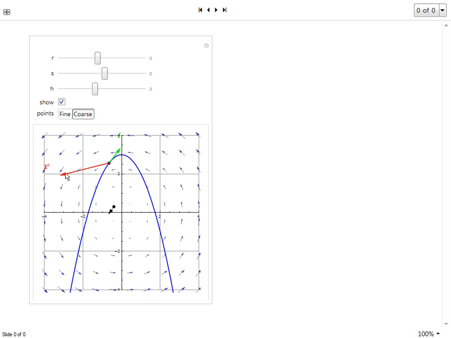And so what we're going to do is take infinitesimally tiny little segments and figure out the work at each one along this curve. And if we add all those up, all infinitely many of them, we get the total work done to move a point along a curve through a vector field. Yes?